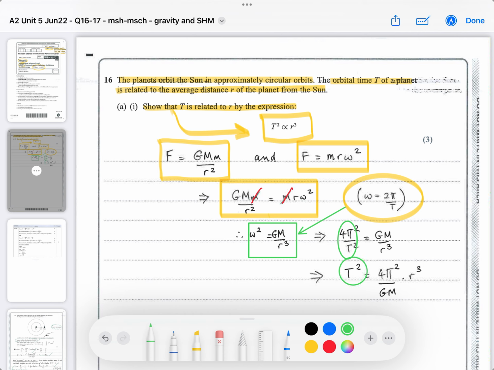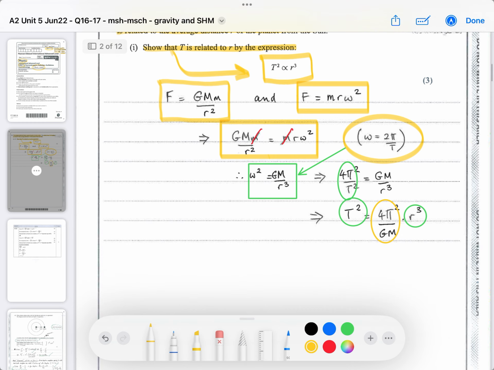And r cubed is then on the right hand side, and everything else in between is a constant. 4 pi squared over GM is a constant. Therefore, it follows that T squared is proportional to r cubed, okay? Which is what we were asked to show.